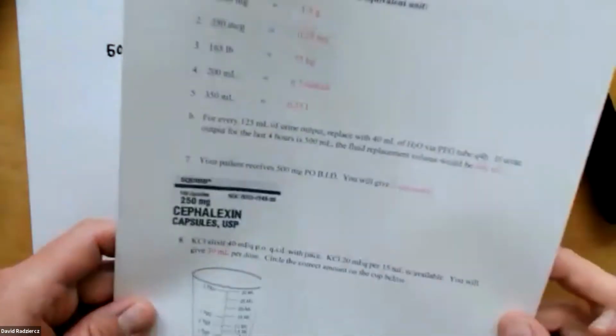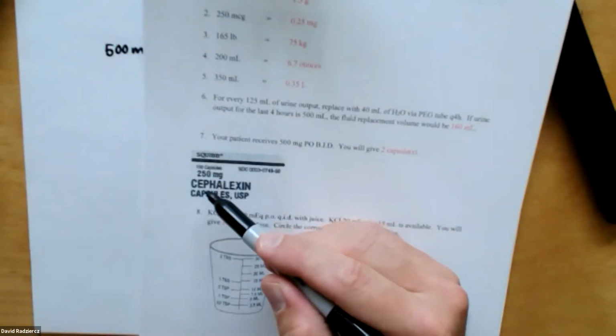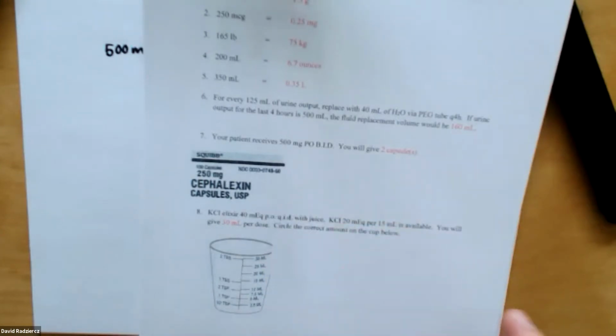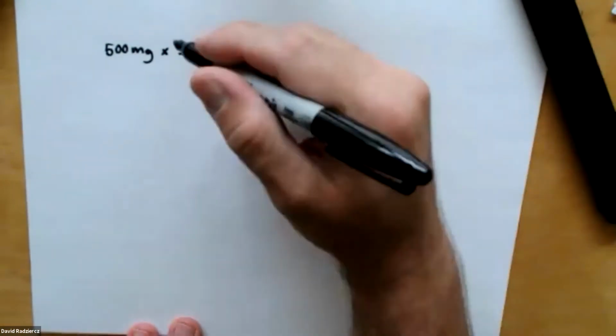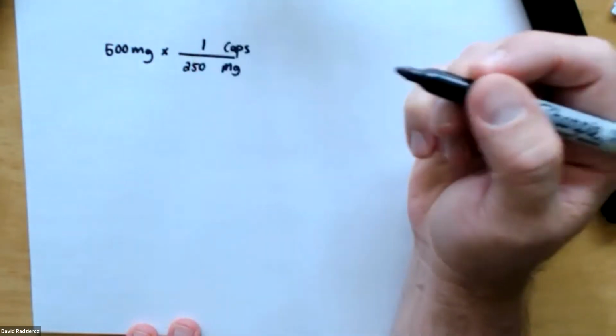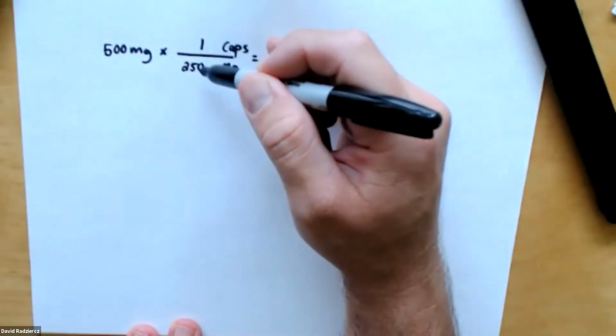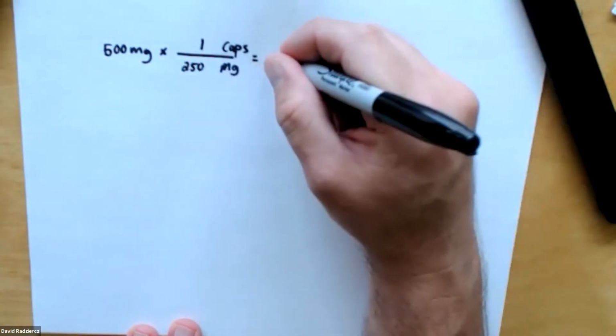Question 7's label says we have 250 milligrams of the cephalexin, so 250 milligrams per capsule. I put that information in, 250 milligrams per 1 capsule. Then when you do your math, you can plug that into the calculator. A good strategy for using your calculator is to multiply across the top, divide by the bottom, and then you get 2 capsules.